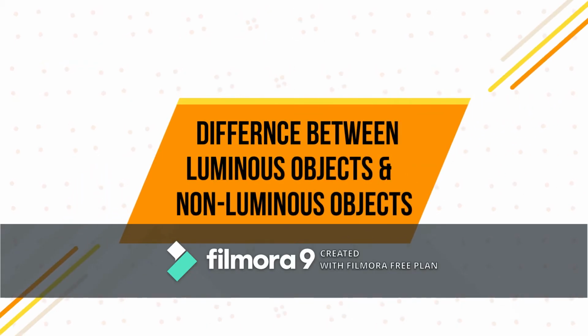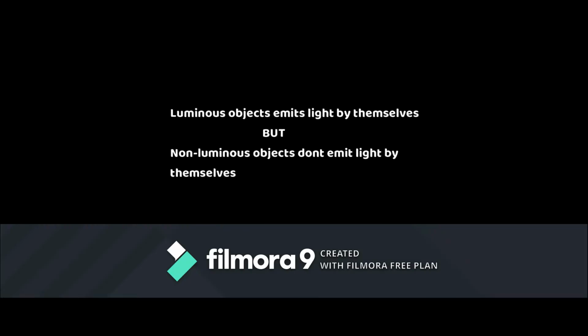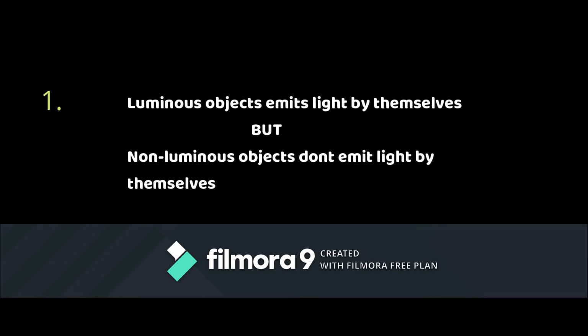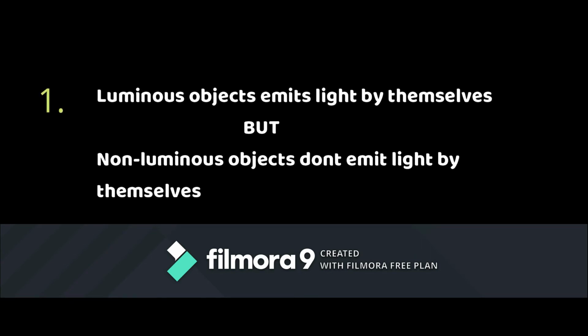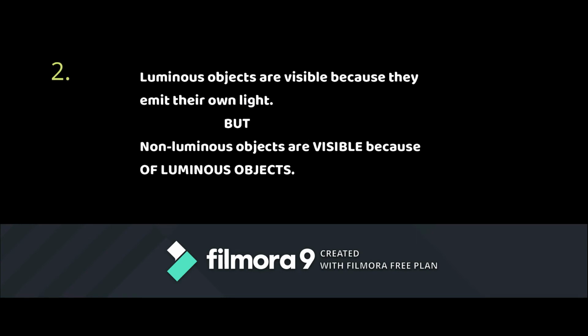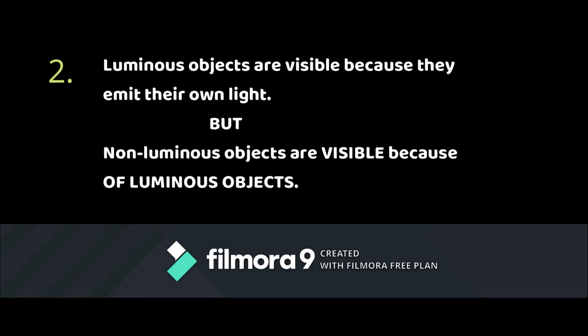Difference between luminous objects and non-luminous objects. Luminous objects emit light by themselves, but non-luminous objects don't emit light by themselves. Luminous objects are visible because they emit their own light, whereas non-luminous objects are visible because of the luminous objects.